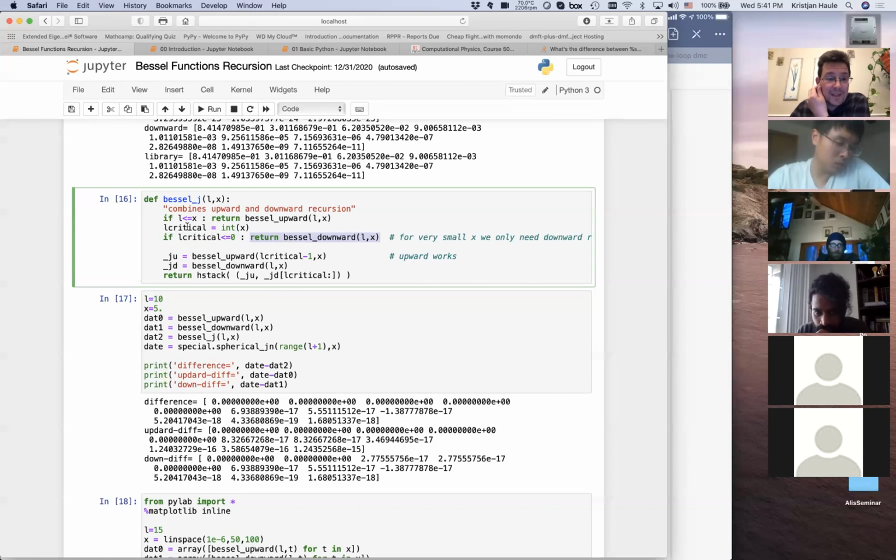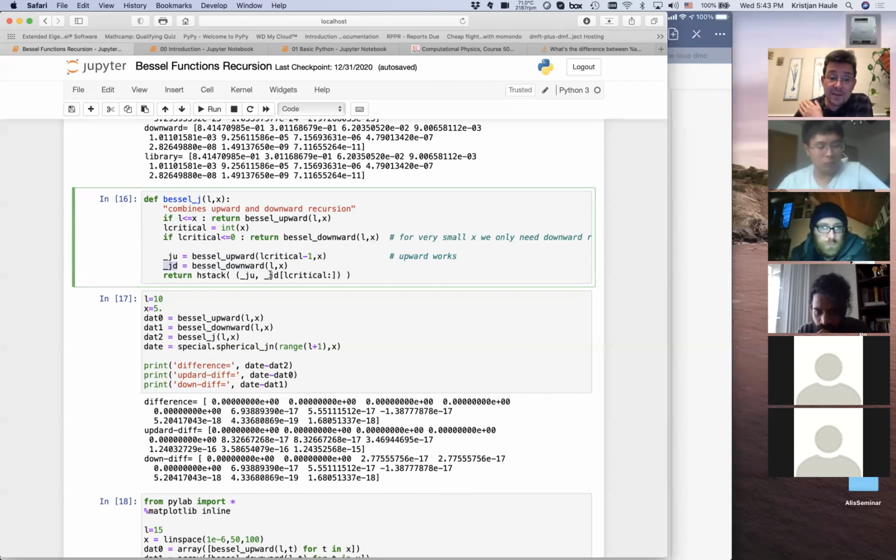Now, however, if none of this is true, then we have to combine upward and downward. So what we do is we first calculate upward recursion up to L critical minus 1, because we know that in this case, upward recursion works. This is for small L. But then for large L, we calculate the downward recursion for all L's, for the maximum L down to 0. But then we know that only part of this downward recursion has to be saved.